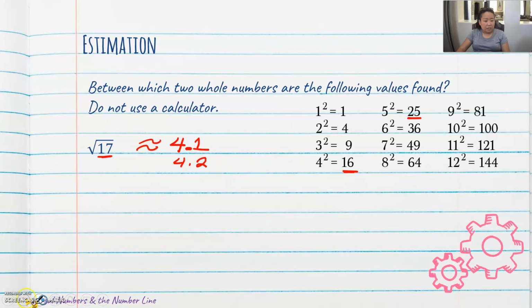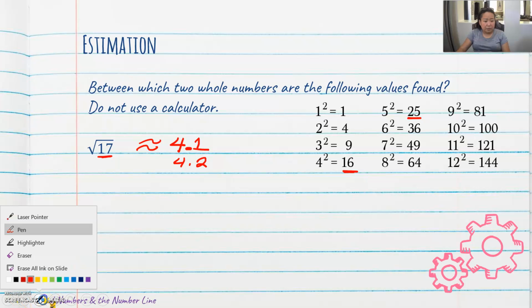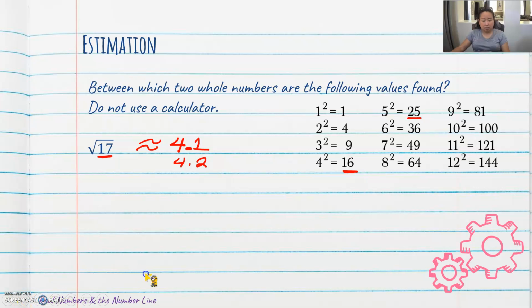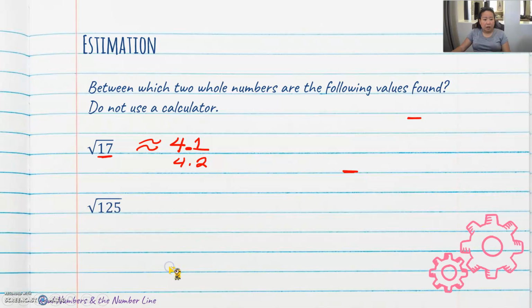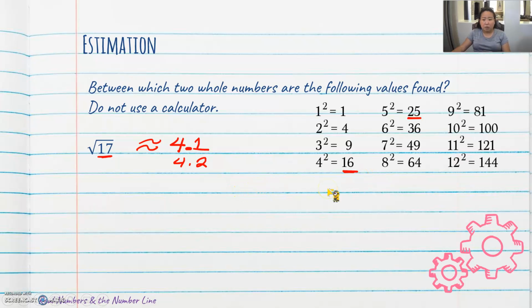Okay? Now let's try another example. How about the square root of 125? 125 is between which perfect squares? You see here we have 121 and 144.